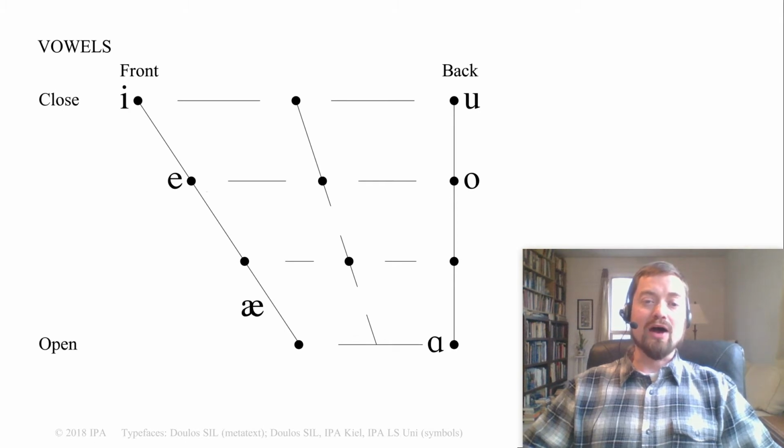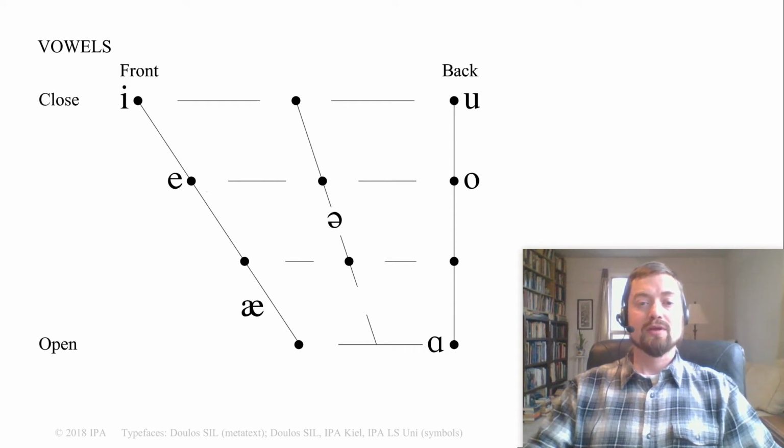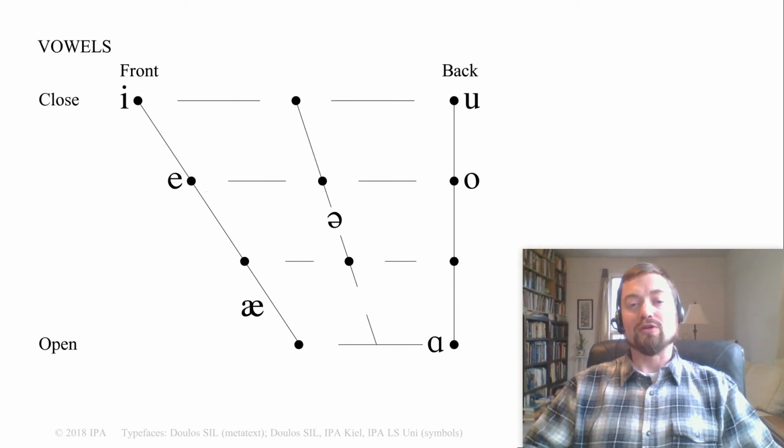Finally, one more vowel that's a very special and famous vowel when it comes to phonetics is what happens if you put your tongue in the very center of the chart. What is the very center? And this is the famous vowel Schwa, and written as an upside down and backwards E. This is what might be called the lazy vowel.